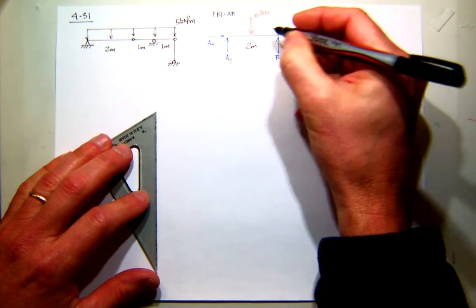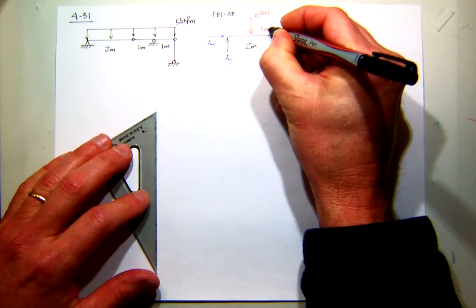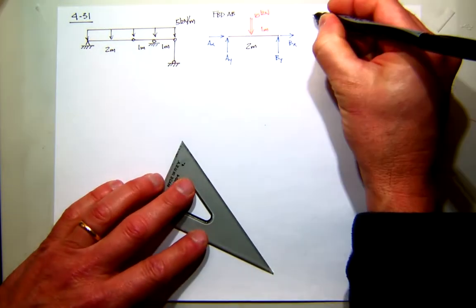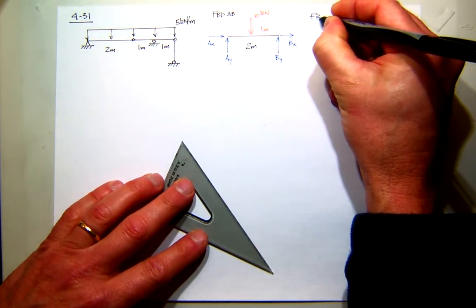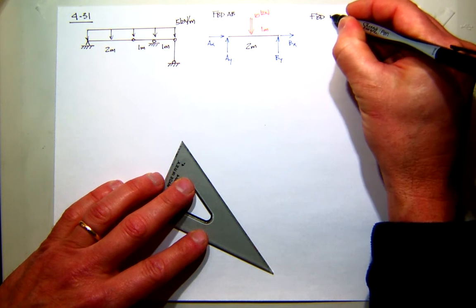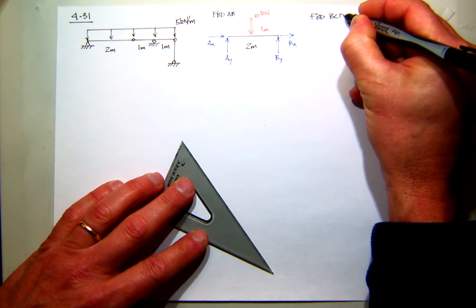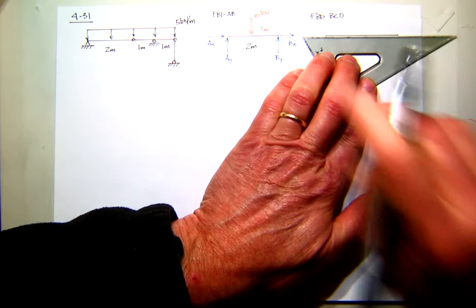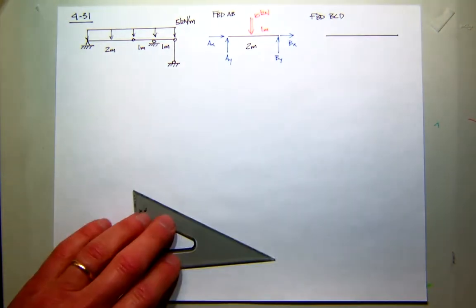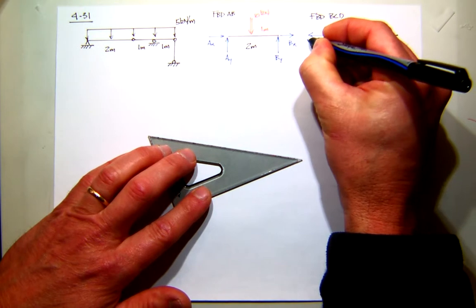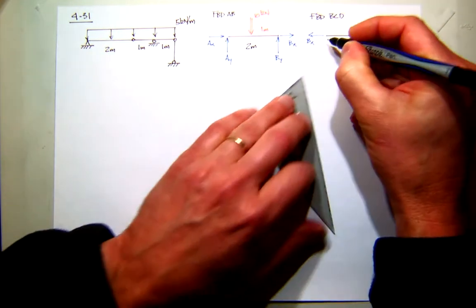And it should act in the middle, so that would be 1 meter. And then my free body diagram for section B, C, and D will look something like this. So I'll have my Bx and By be equal and opposite.